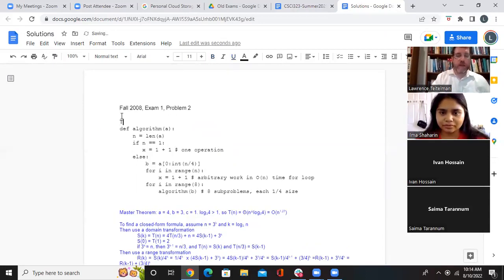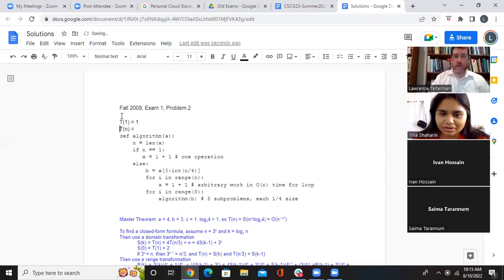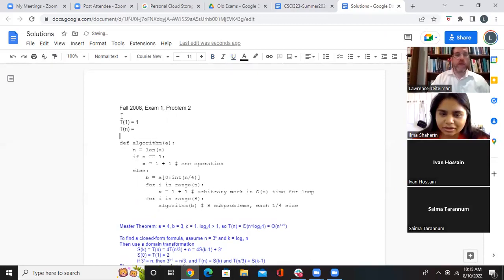It's T of 1 equals 1, and T of n equals 8 T of n divided by 4, plus n. Yes. Okay.